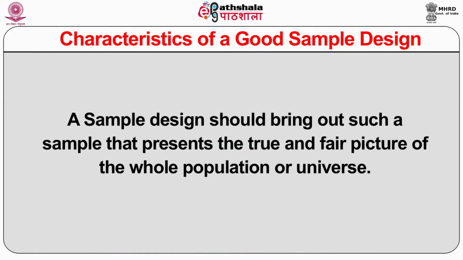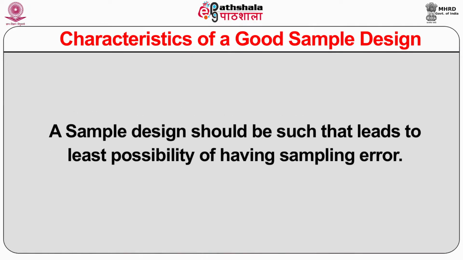From what all has been stated till now, following is presented the list of some of the key characteristics of a good sample design that a researcher should always keep in his or her mind while deciding upon the sample. Firstly, a sample design should bring out such a sample that presents the true and fair picture of the whole population or universe. Secondly, a sample design should be such that it leads to least possibility of having sampling error.